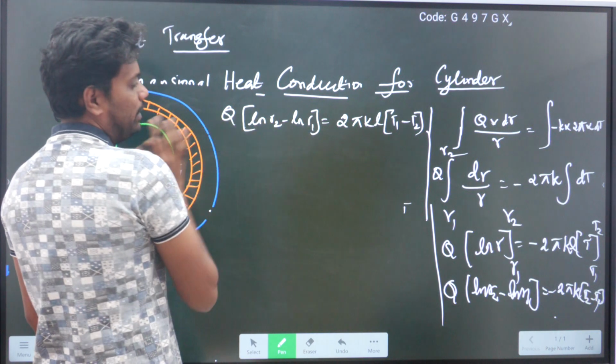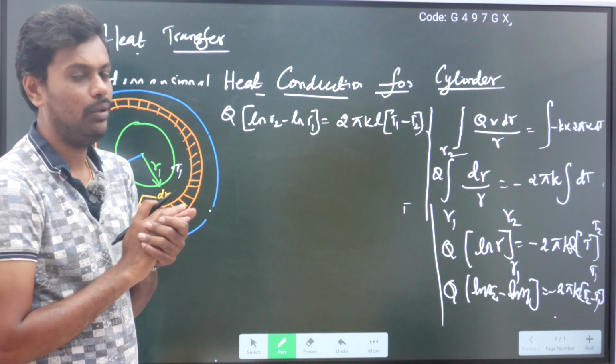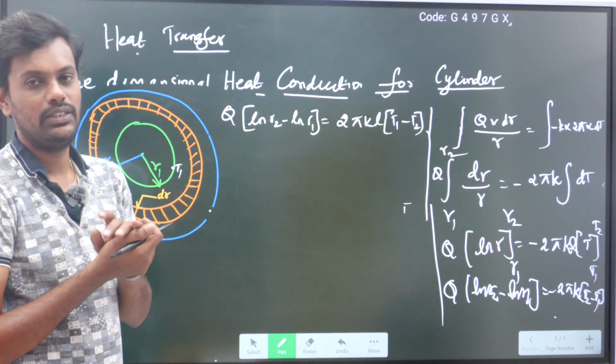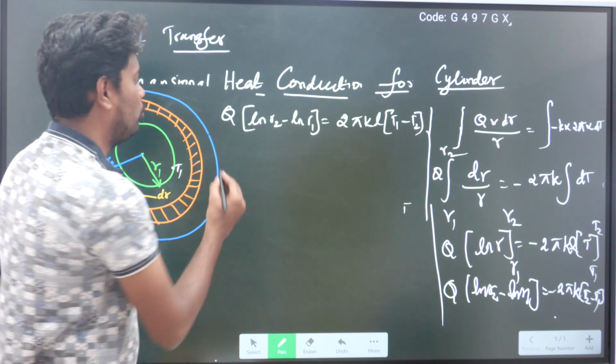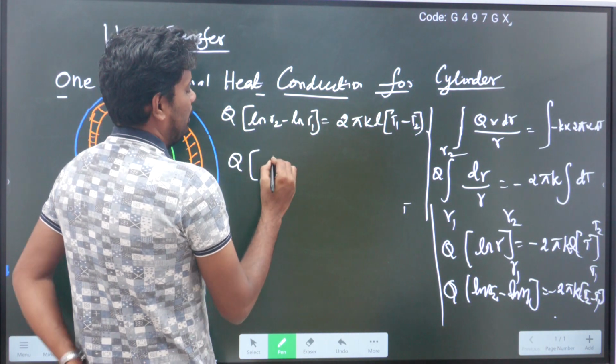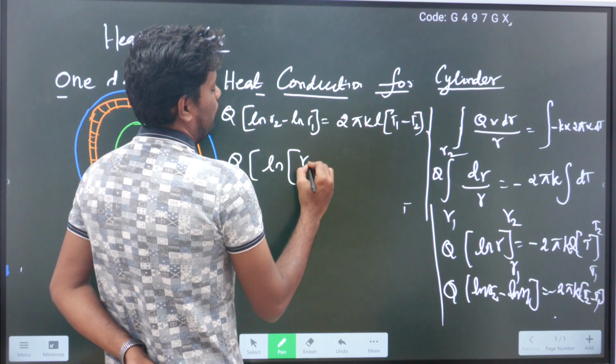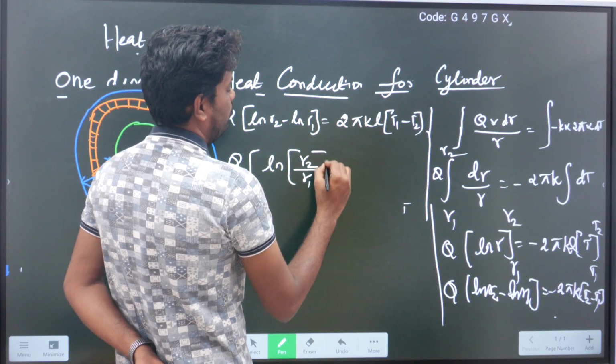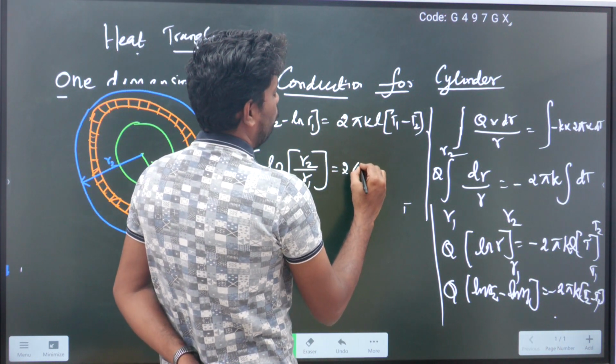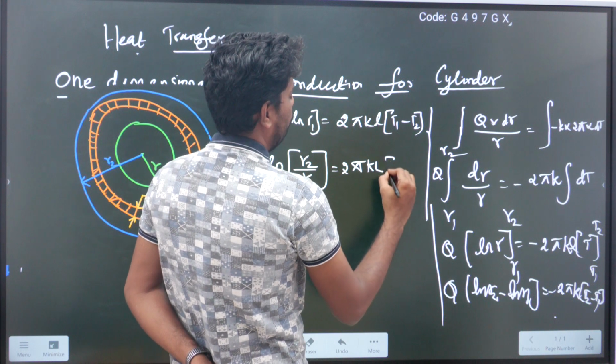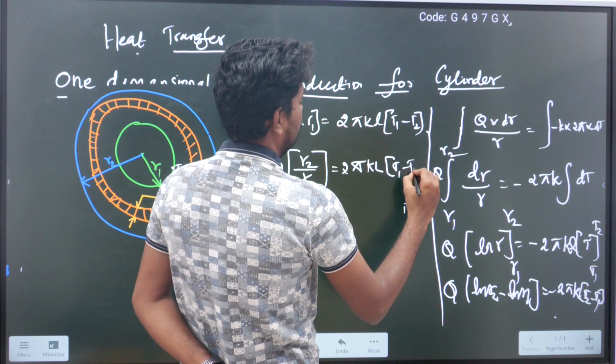In mathematics there is a formula: ln of R2 minus ln of R1 can be written as ln of R2 by R1. So Q into ln of R2 by R1 equals 2 pi K L into T1 minus T2.